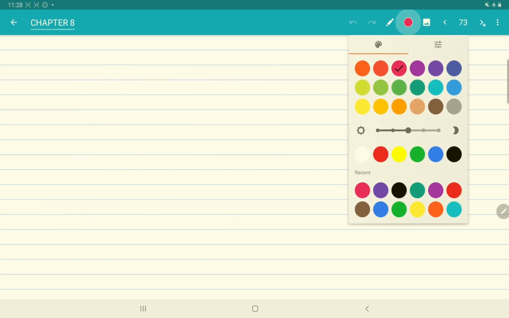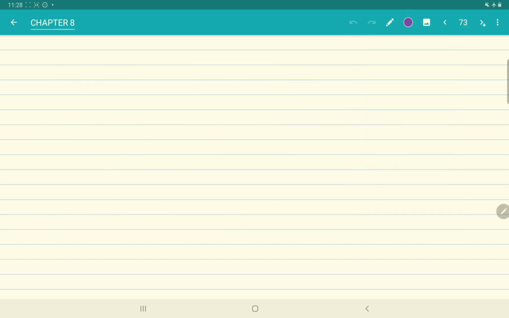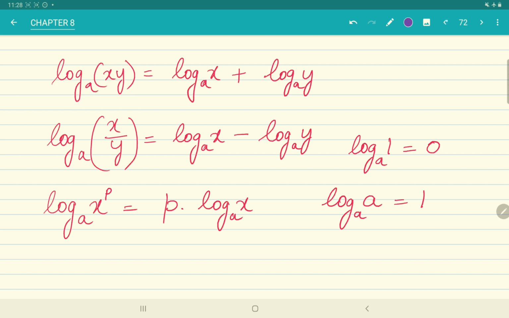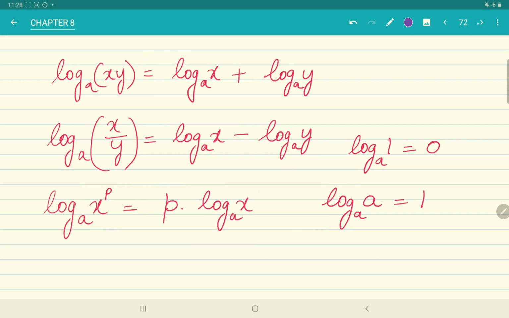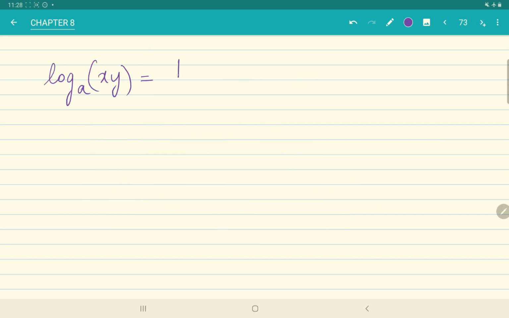Let me just take up one rule. If I have log of xy to the base a, and I know that log of x to the base a is equal to 1 by ln a multiplied by ln x, that means I can write this is equal to 1 by ln a multiplied by ln xy.